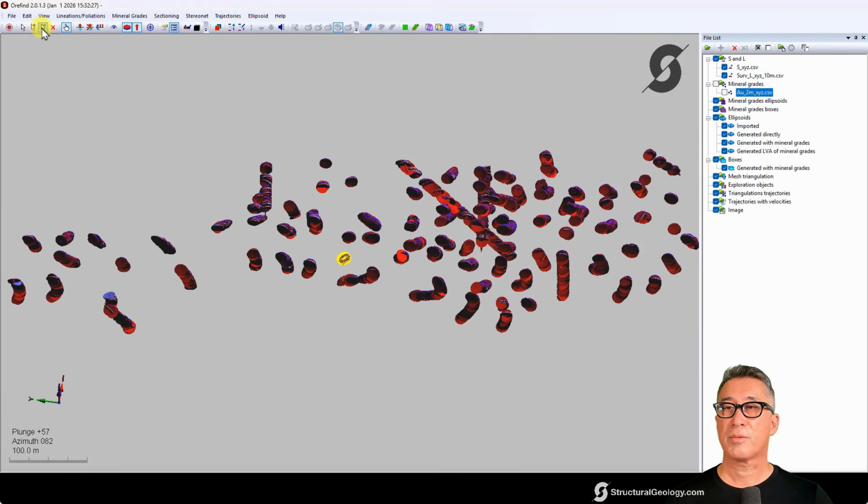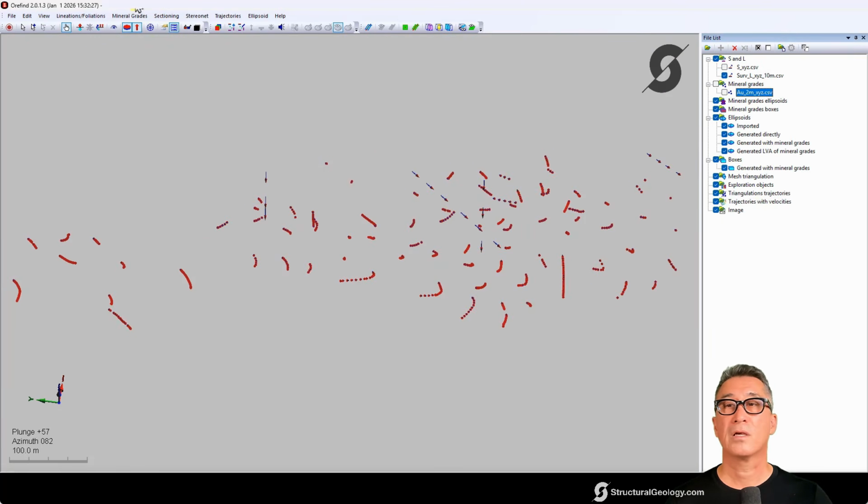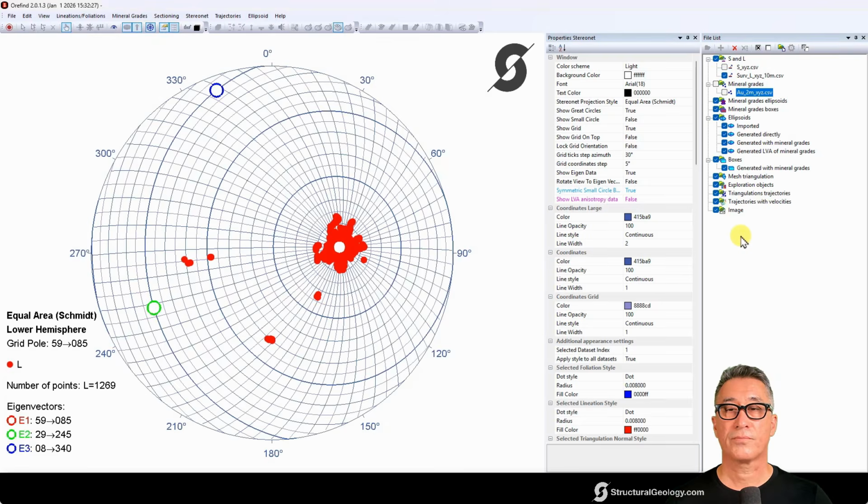Okay, so let's forget about that and then just plot the whole lot. If I plot, the majority of the plunges are going in this direction. So my grid has already orientated itself with respect to the majority of the holes. So they are plunging towards the east, 60 degrees towards the east.